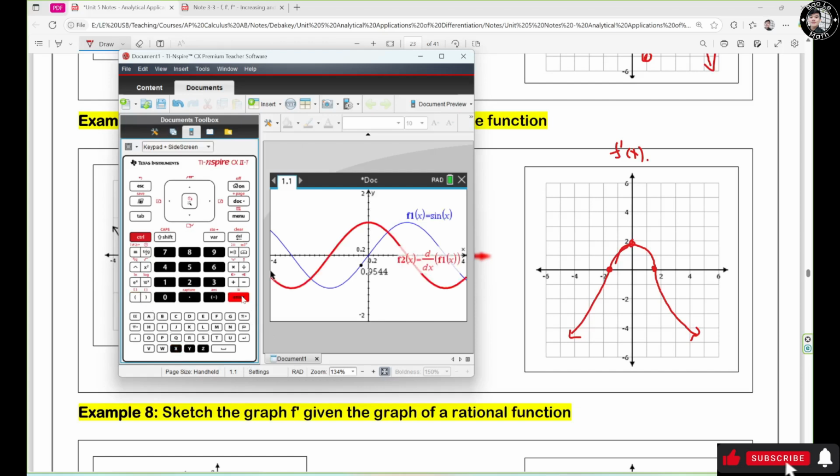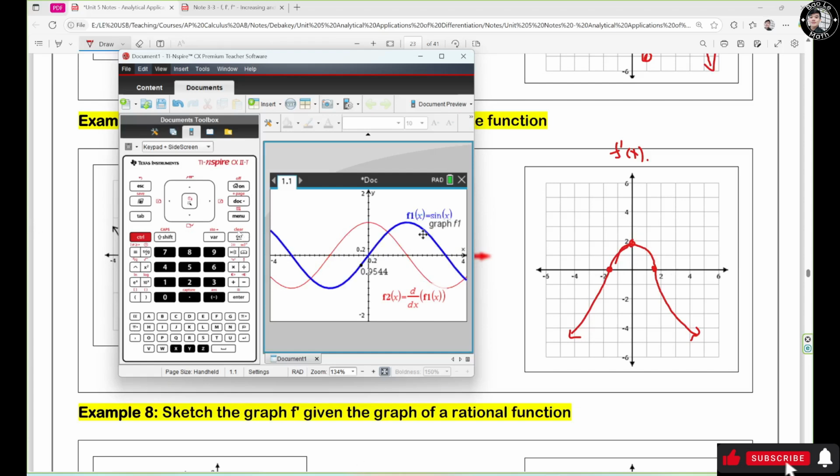Then I hit enter. And you observe that the minimum of the original function becomes the 0 of the derivative function, right? The maximum right here becomes the 0 right here. You see that? The point of inflection right here becomes the maximum. It matches this guy. You see that?